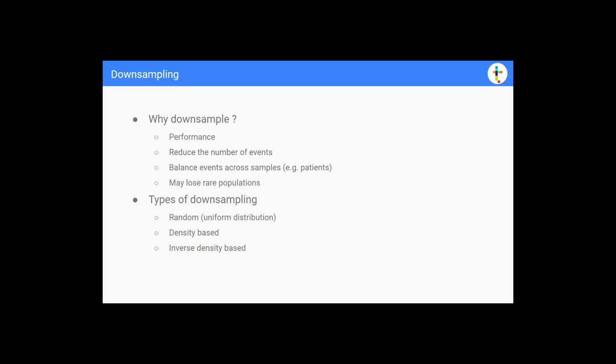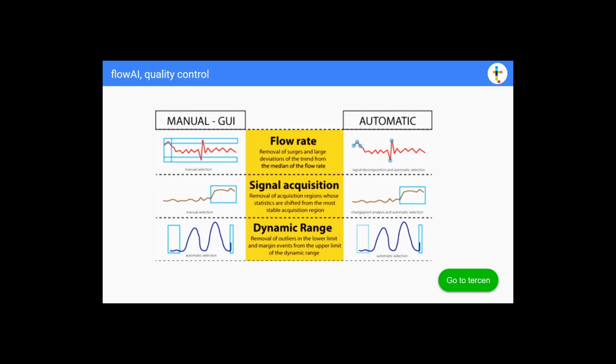And then there's the opposite, where you do it with the inverse density base, where you try to sample your data set more where there's less frequency of the data. So what's good about the last one, the inverse density base, it'll favor, for example, rare populations, if you have these rare populations in your sample. So I won't be going too much into downsampling, but in Tercen we have the downsampling.